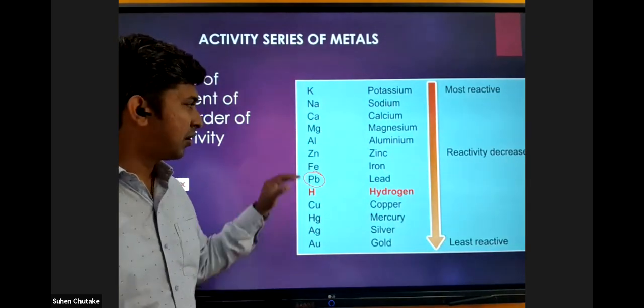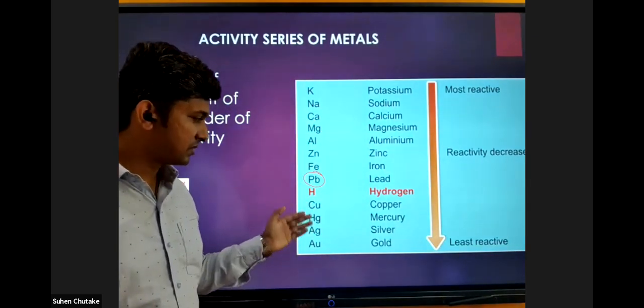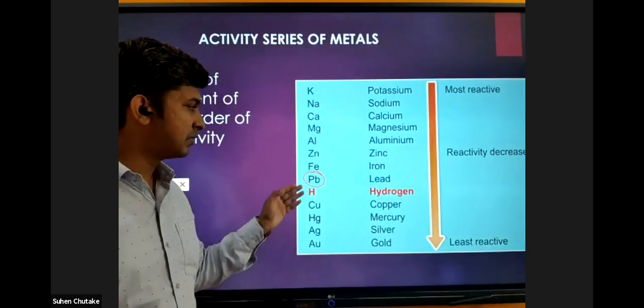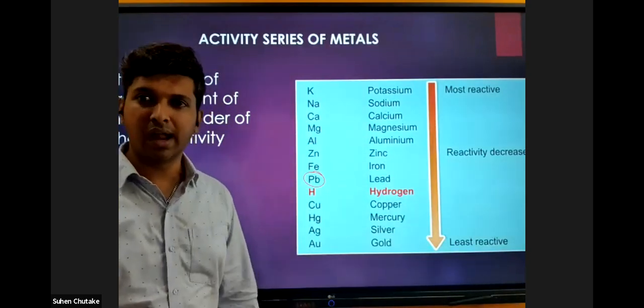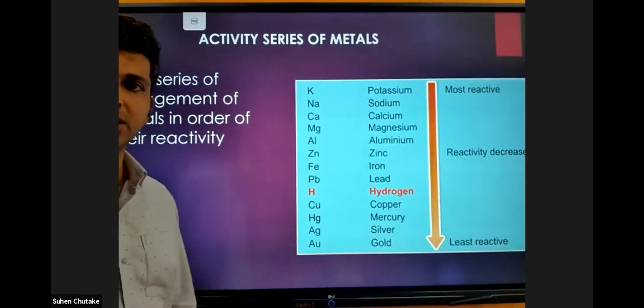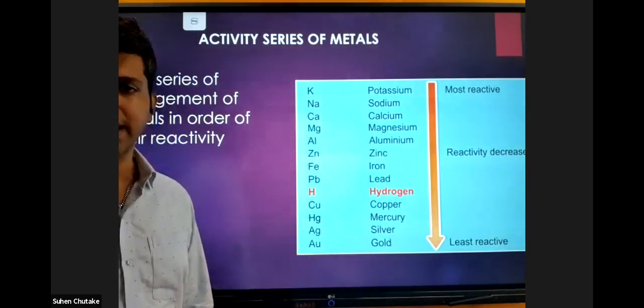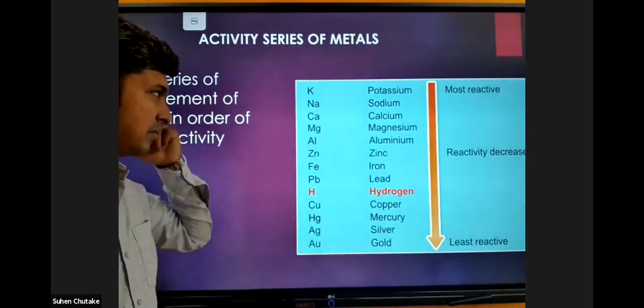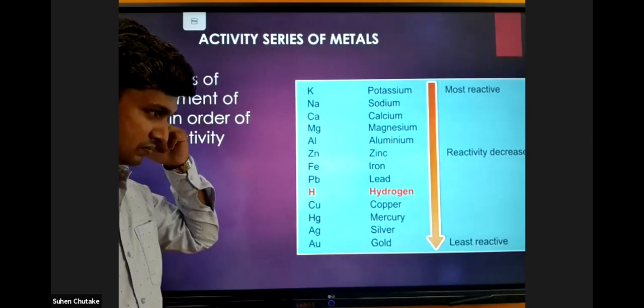And of course copper and the metals below will not be able to displace hydrogen. So this is your activity series of metals. I hope you are understanding.